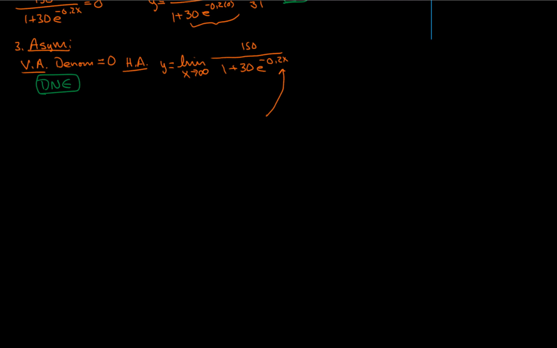And this whole piece is going to go to 0. With that going to 0, that means we have an asymptote here at 150.